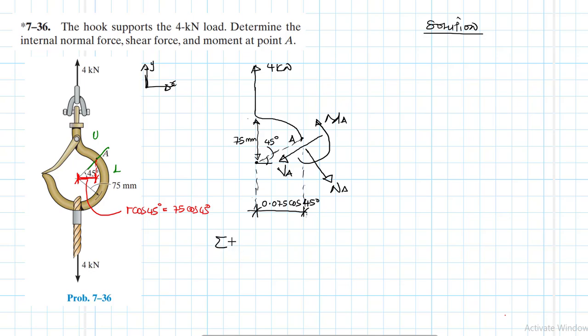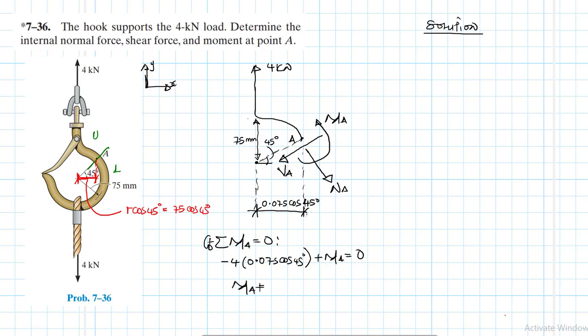So I'll say summation of moments about point A equal to 0. What do I have here? I have 4 there. It is going to cause a clockwise moment, which is negative. So 4 times 0.075 cos 45 plus MA is equal to 0.